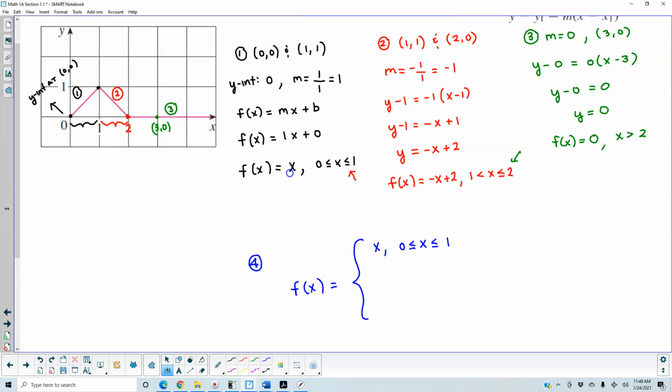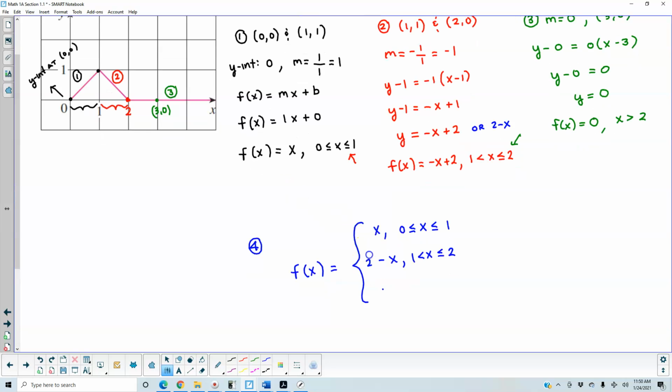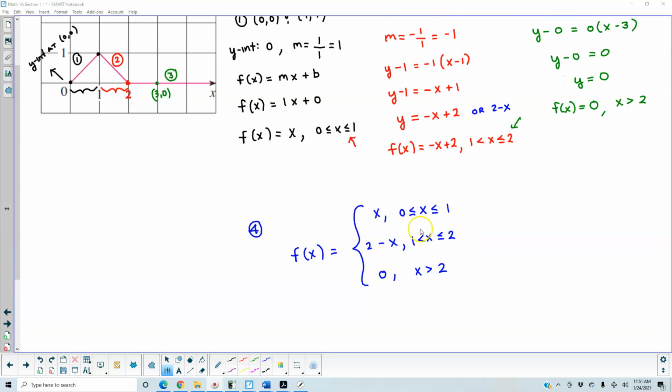And then we have negative x plus 2, or we can call this 2 minus x, with the restriction that x has to be in between 1 and 2, only including 2. And then we can also say that it's going to equal 0 for when x is greater than 2. So now this represents our piecewise function.